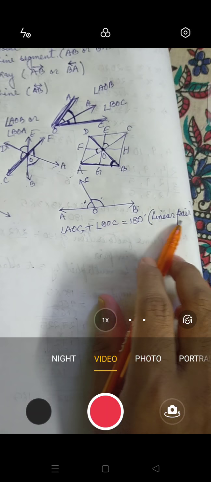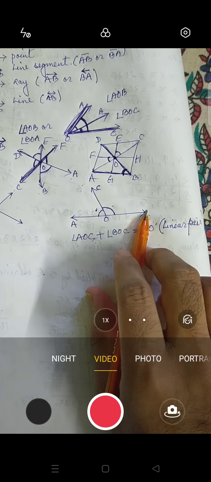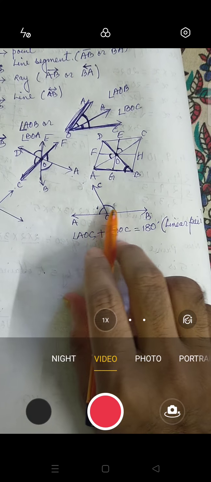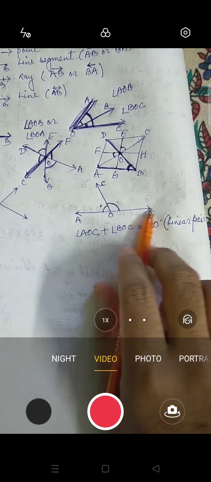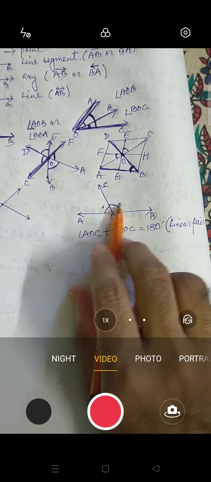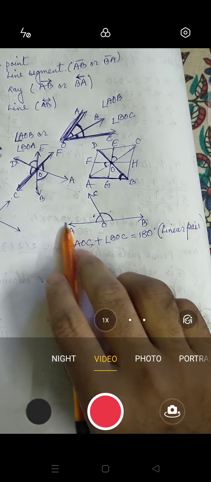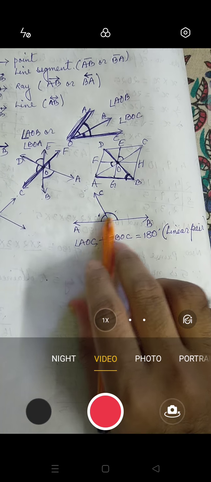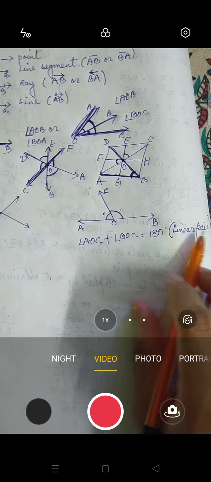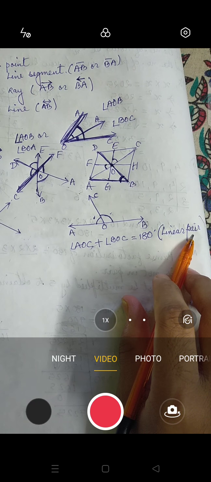In a straight line, if you add two angles and you get 180 degrees, that will be termed as a linear pair.